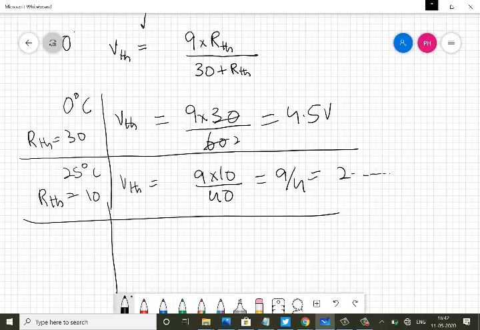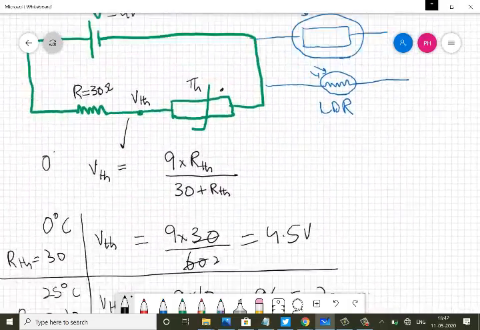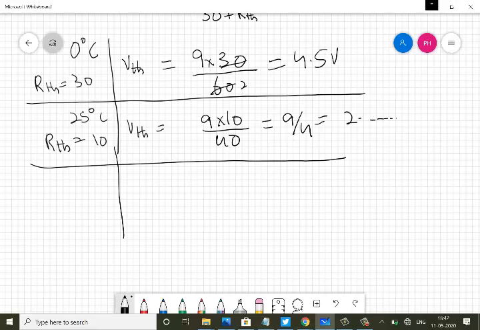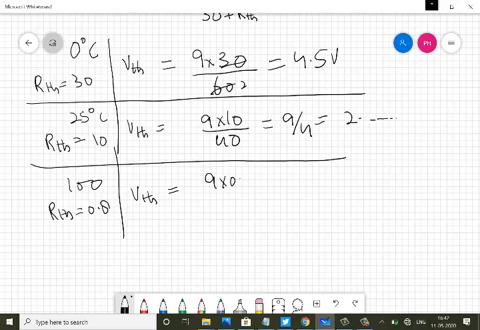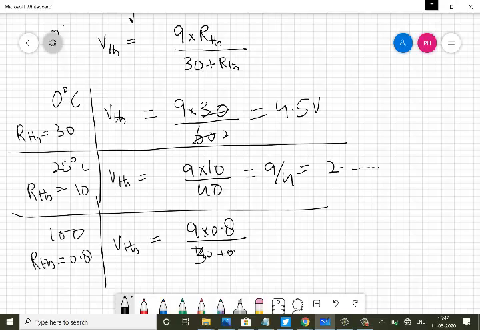Similarly, when the temperature reaches 100 degrees Celsius, RTH will be only 0.8 ohms. So VTH equals 9 into 0.8 divided by 30 plus 0.8.